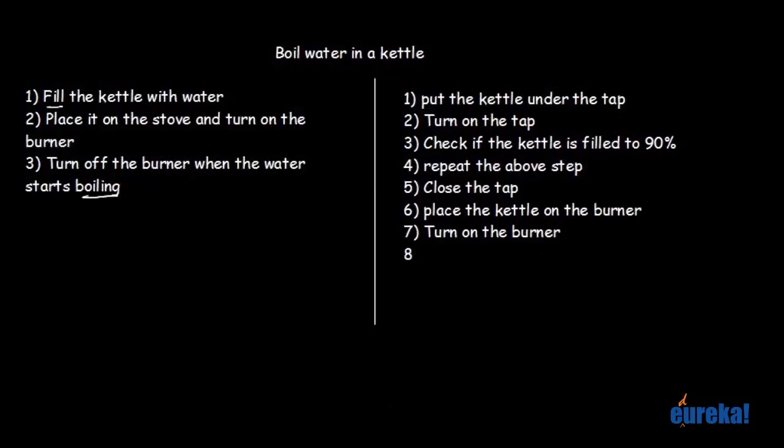So we just check if the water is 100 degrees Celsius. If it's not, repeat the above step. If the water has touched 100 degrees, we just have to turn off the burner.